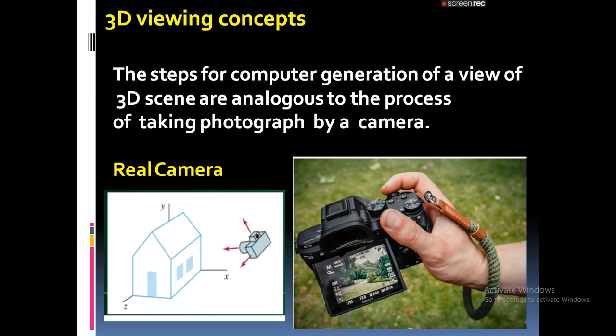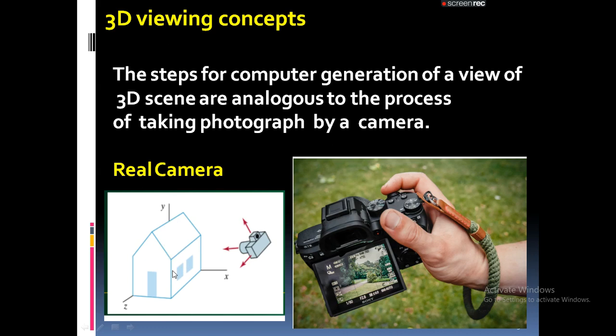Creating two-dimensional or three-dimensional images in computer graphics is similar to taking photographs using a real camera. By using a real camera, I capture an image that is present in space.